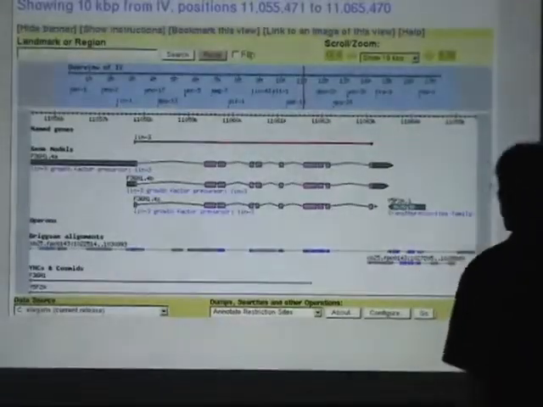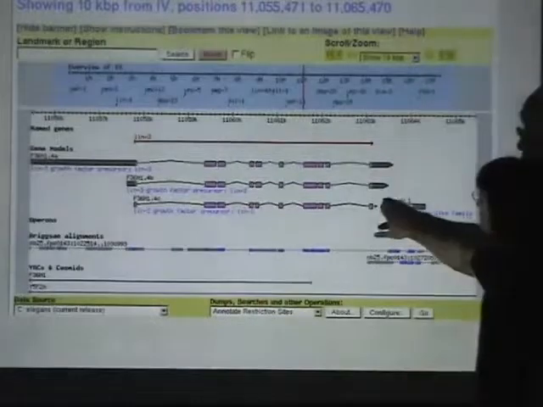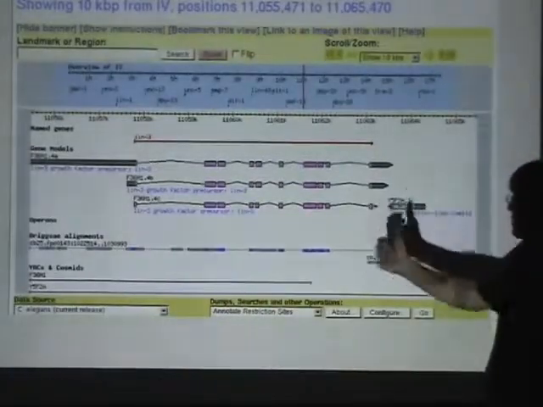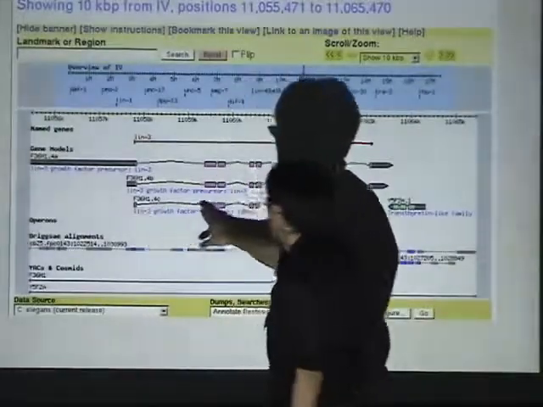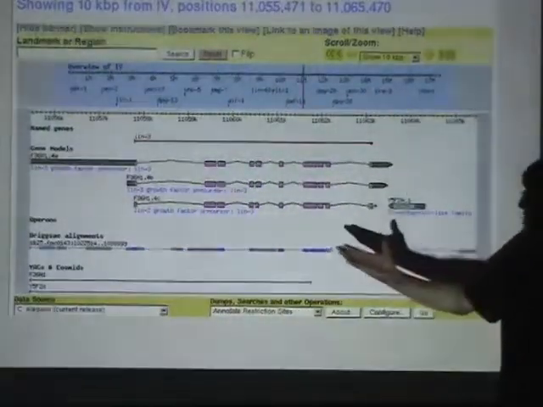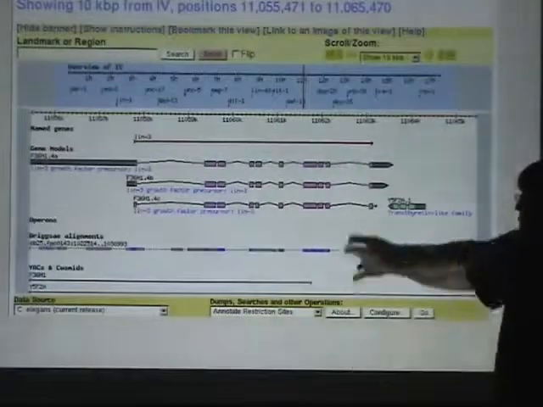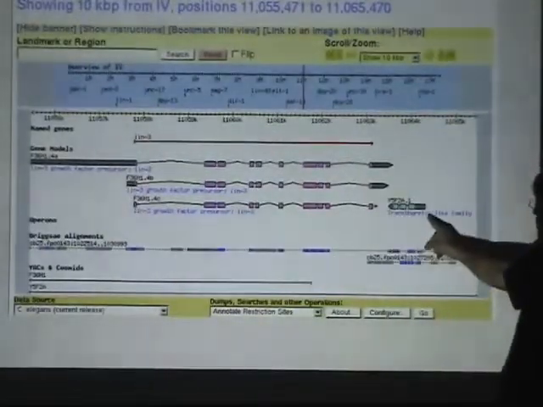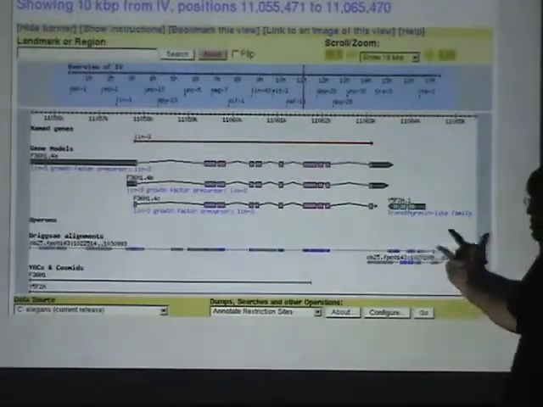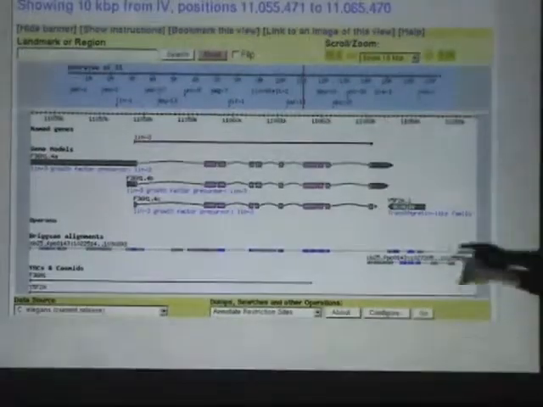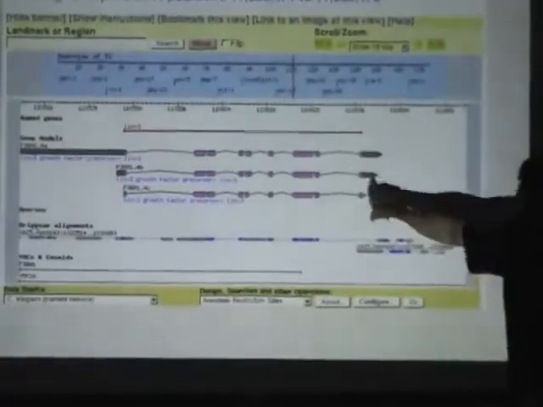Here's a close-up. We can see that this particular gene, the purple one, starts over here on the left, ends over here on the right, and has a fair number of exons and a fair number of introns. There's another gene down here, which is going the opposite direction. The opposite direction genes are colored in a different color. So there's a gene right next door to this other gene.